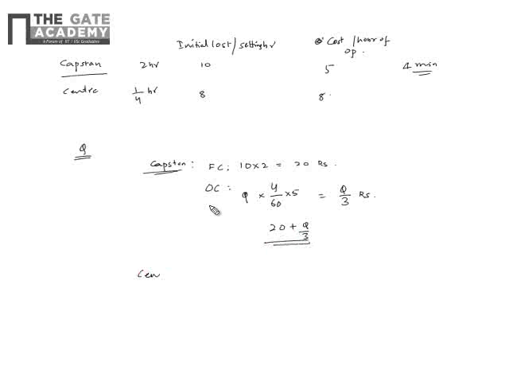If you are using the center lathe, the fixed cost is 8 rupees per hour and the setting time is 1/4 hour, so it is 2 rupees. For the operational cost, let's calculate per component.